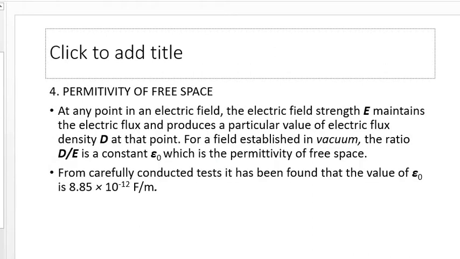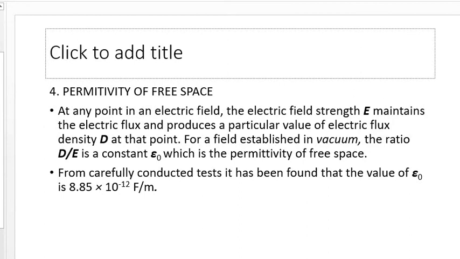Then another parameter which is important in the study of electric fields is permittivity of free space. At any point in the electric field, the electric field strength denoted by E maintains an electric flux, and it produces a value of electric flux density at that point.